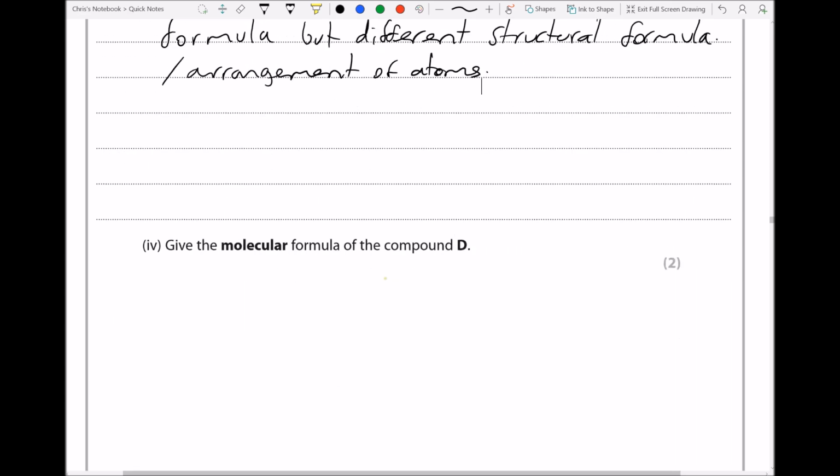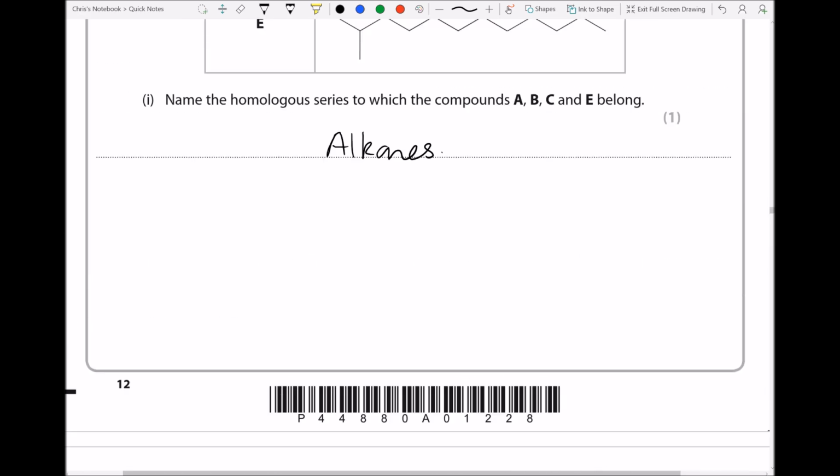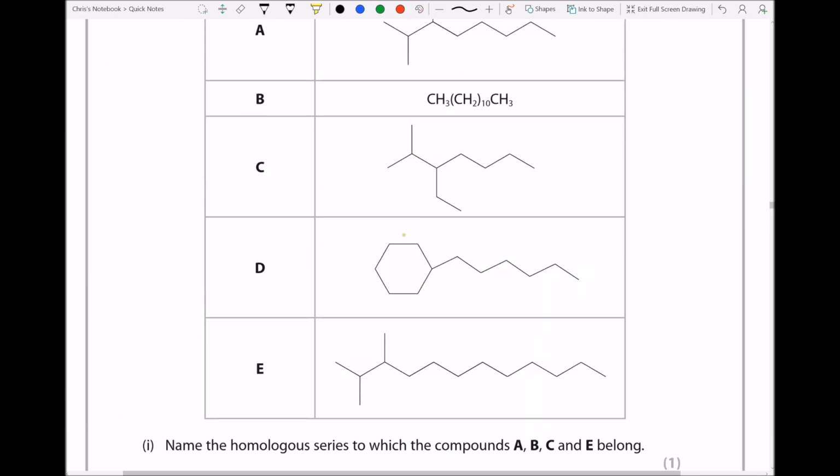And then part IV, it says give the molecular formula of compound D. Right, so if I go back up to compound D, I just want to count the number of carbons and hydrogens we've got. Each one of these points here is a carbon. So we've got 1, 2, 3, 4, 5, 6, 7, 8, 9, 10, 11, 12 carbons. And for the number of hydrogens, you've actually got 2 hydrogens coming off each one of these, so that's 2, 4, 6, 8, 10, 12, 14, 16, 18, 20.